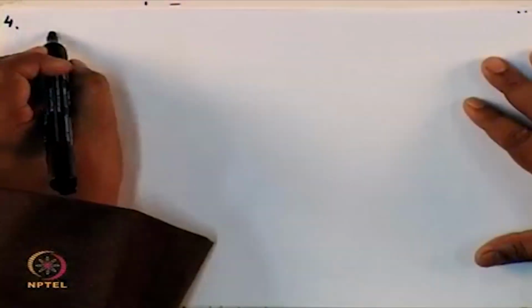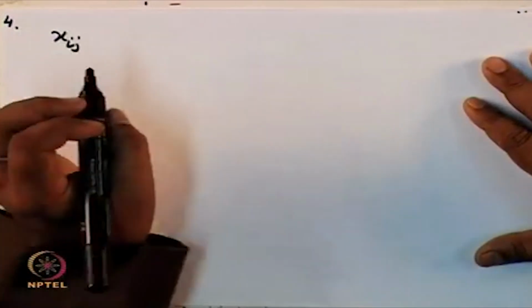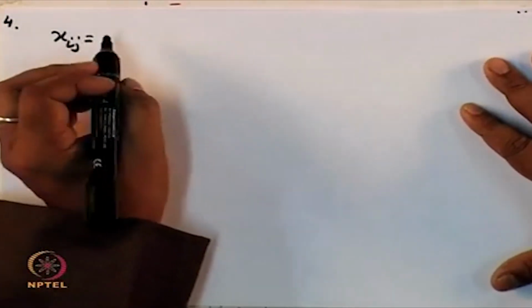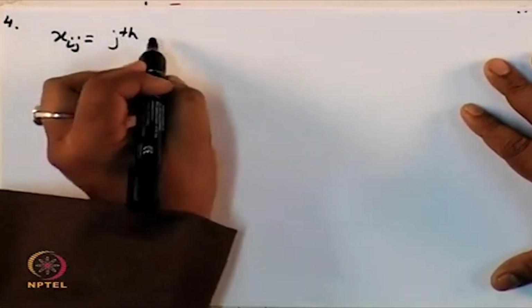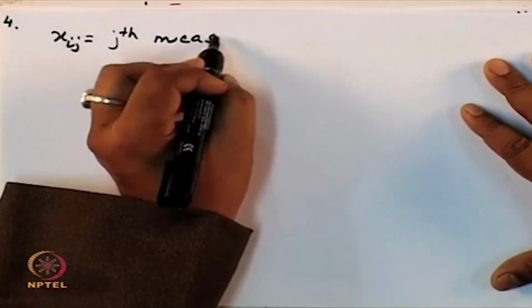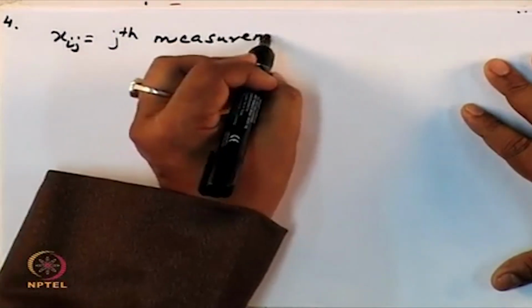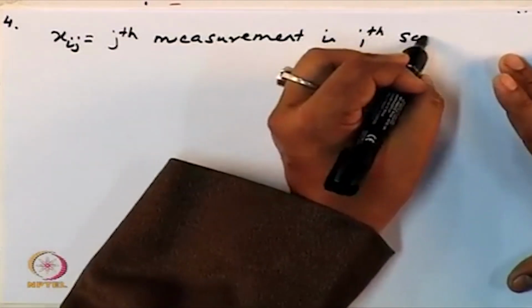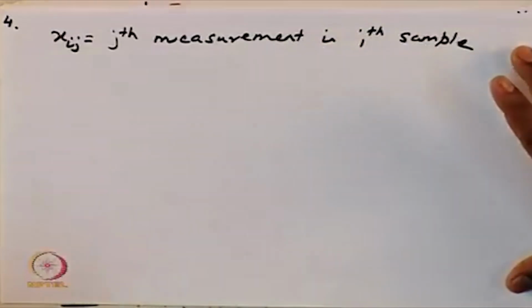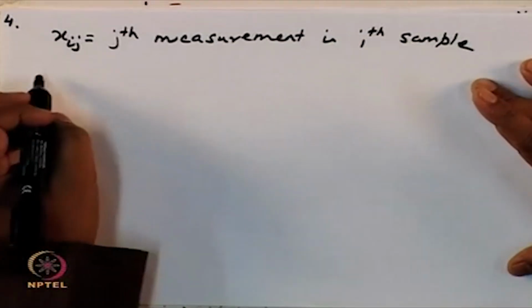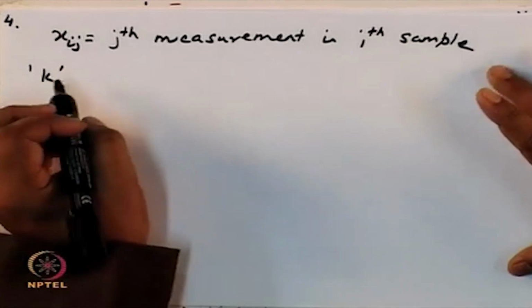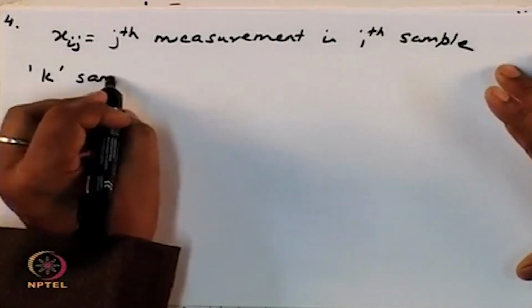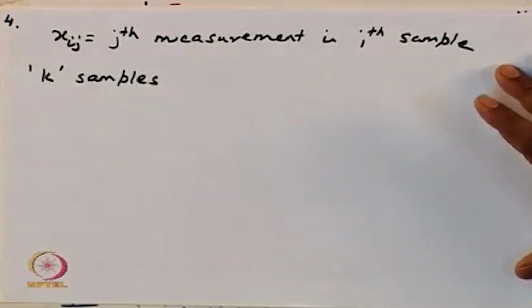okay, let us say Xij corresponds to jth measurement in ith sample. Okay. In short, you have, let us say, k samples or k populations, k samples corresponding to k populations. Okay.